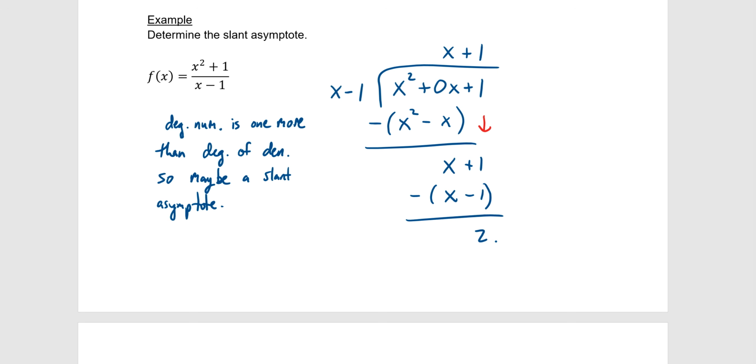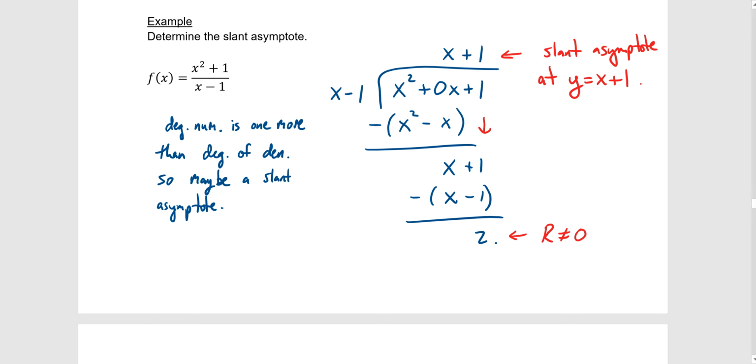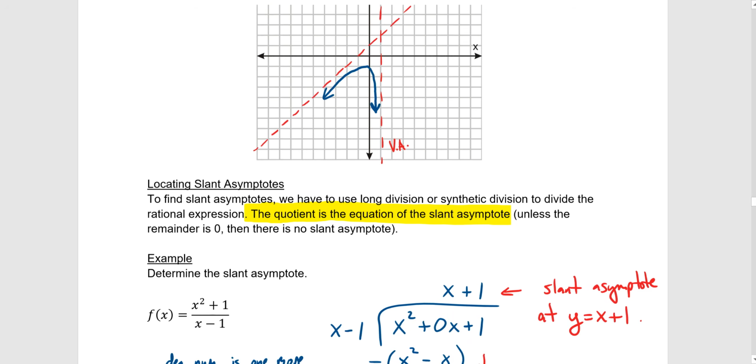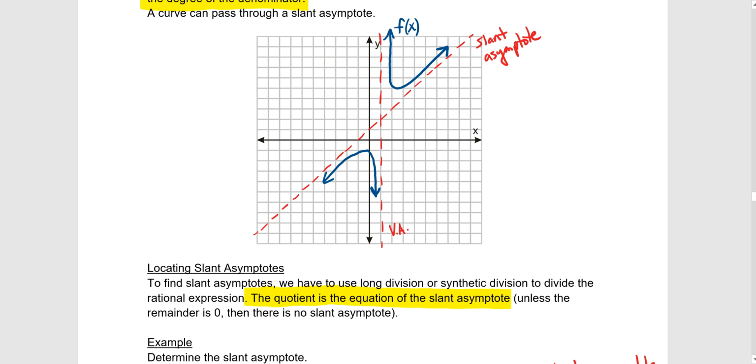So the remainder is not equal to 0, so we do have a slant asymptote. And the slant asymptote is right up here, which is the quotient. So there's a slant asymptote at y equals x plus 1. So this was actually the function right up here that I graphed. And notice that this line right here for the slant asymptote is y equals x plus 1.